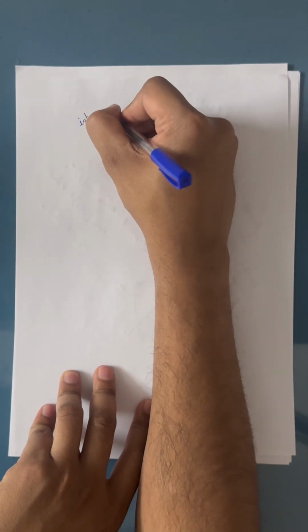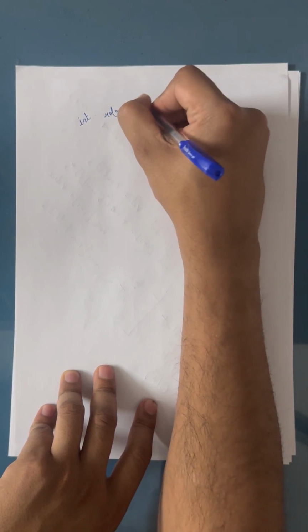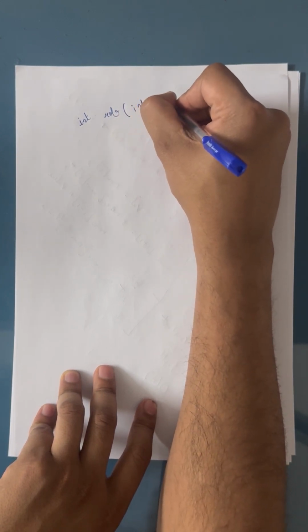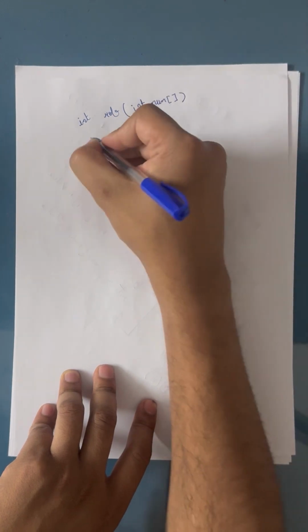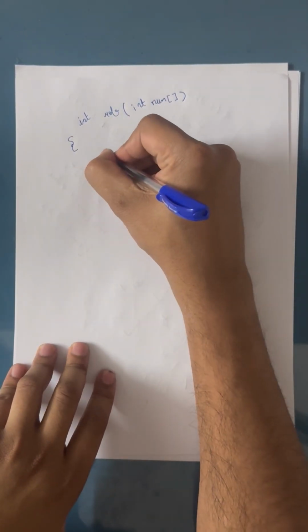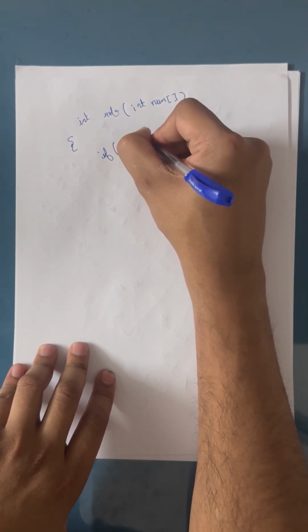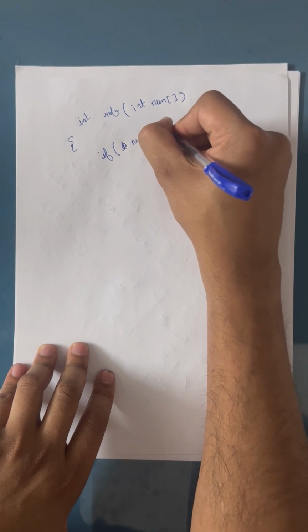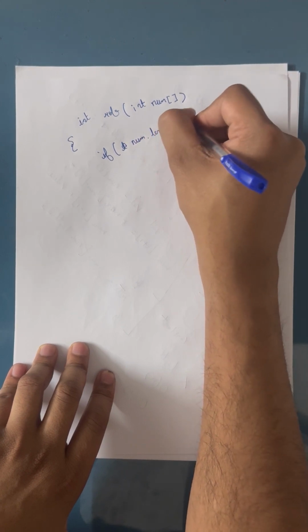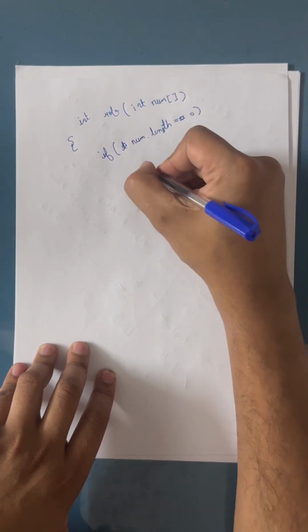Same function, rob, right? It will have the num array. What you can do? Same condition. First condition, if your num dot length is 0, then you need to return 0.